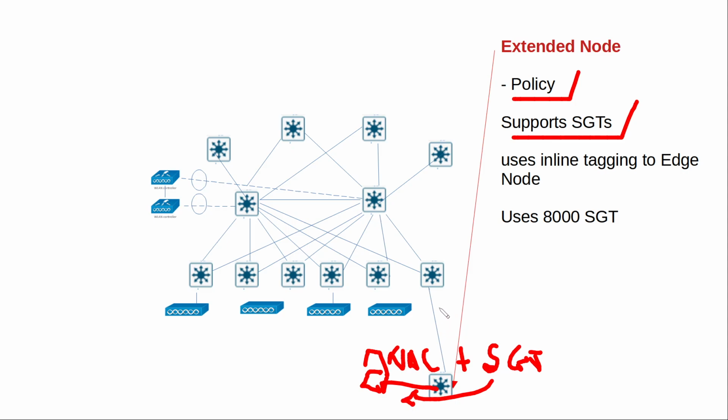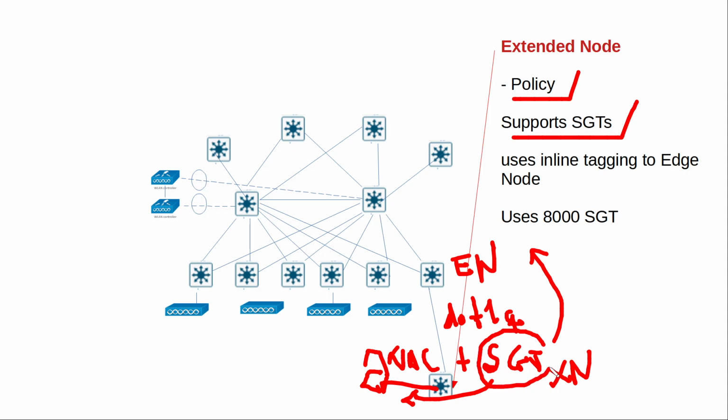And remember that given we don't have a VXLAN here, we only have .1q to communicate the edge node with the extended node. The only way we have to communicate the scalable group tag is using inline tagging. So we are going to use inline tagging in this connection because we are not using VXLAN.